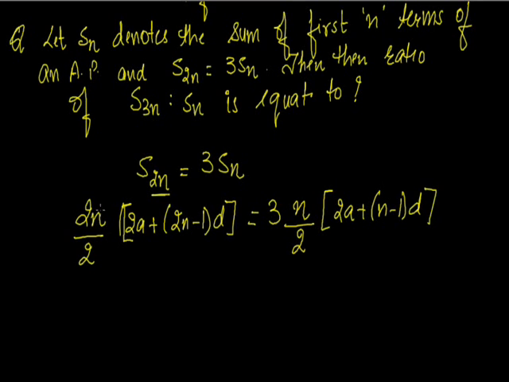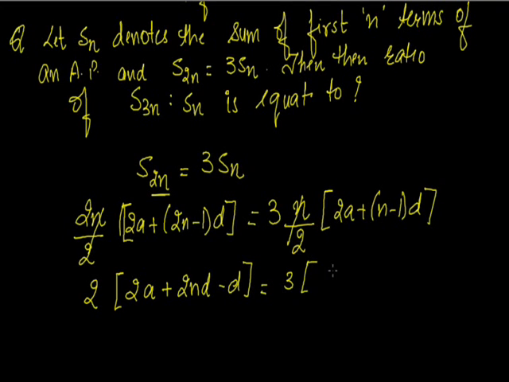Here we see n by 2 and n by 2 cancel out. So it becomes 2, and when we open this bracket we get 2a plus 2nd minus d, and from here we get 3 times 2a plus nd minus d.